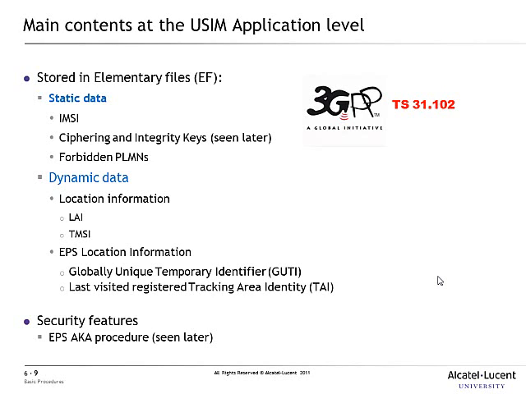There's another type of information that is referred to as dynamic information. Dynamic information is information that can change. Okay, so for example, location area identity. As you move from cell to cell, sometimes you may cross from one location area into another location area.